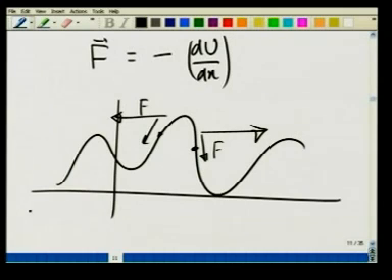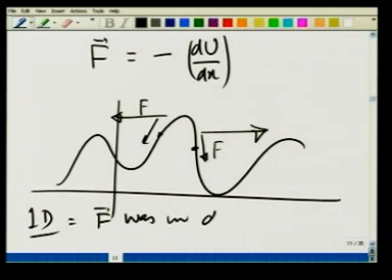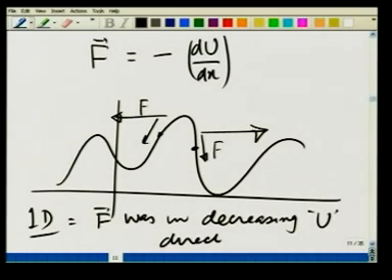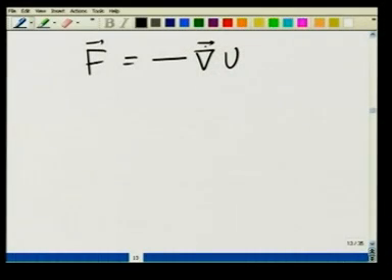So, in 1D case, f was in decreasing u direction. How about the 3D case? In this case, I have force which is equal to minus the gradient of u, and gradient of u is in increasing u direction.